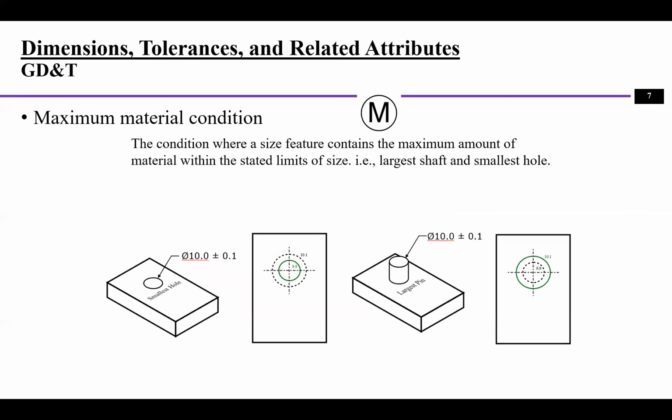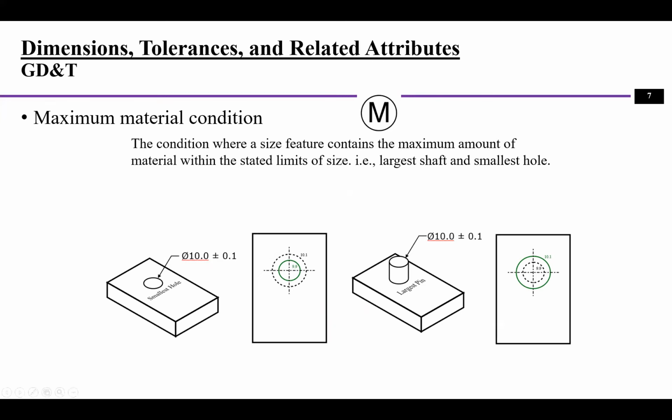Second, sometimes you may see a symbol like this, right? It's a circle with an M in it, and it means maximum material condition. So basically, it describes the feature that we want to have the maximum amount of material. And it really depends on what the part you're drawing is.